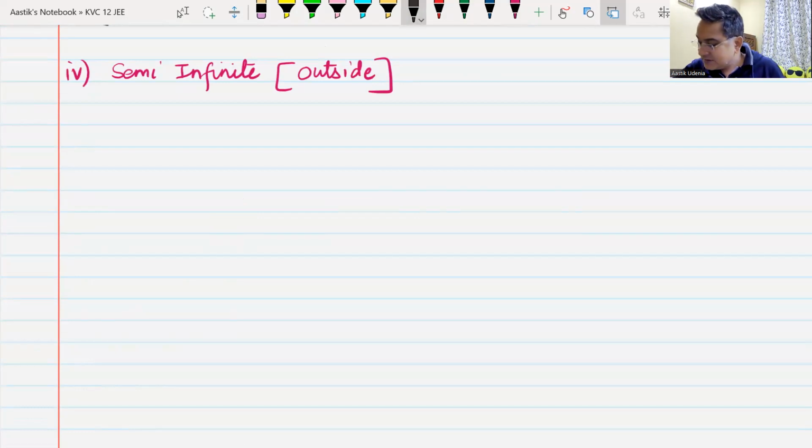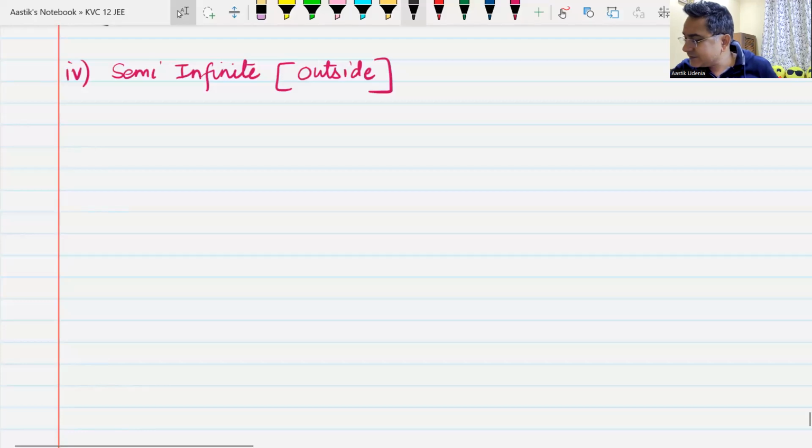What does it mean? It's better to draw it than to tell you the meaning of it. Semi-infinite wire outside the wire is what we are trying to discuss, and the diagram looks like this.